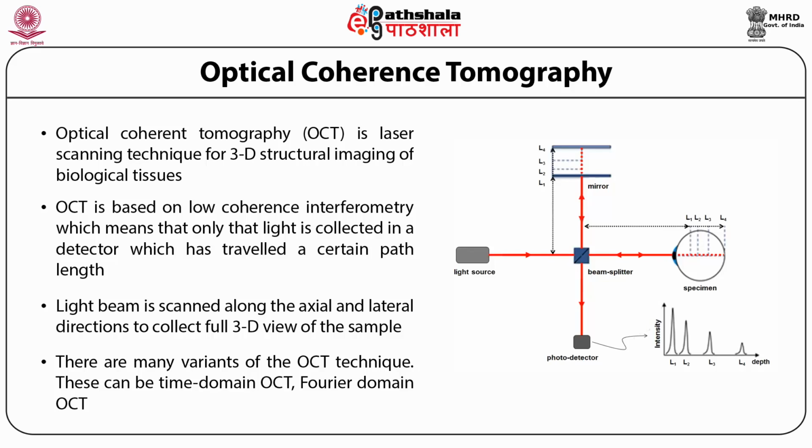For different depths, you achieve maximum intensity for different scanning lengths of the scanning mirror. So this is the basic principle which is used in every optical coherence tomography technique: by scanning the laser beam laterally and by scanning a mirror, you can create 3D structural images of the sample under investigation.